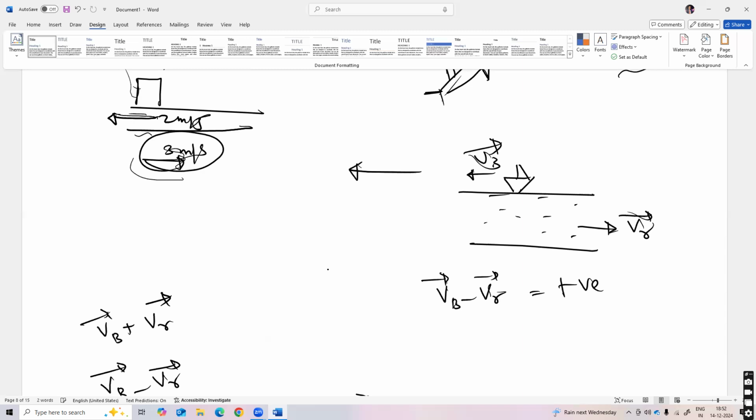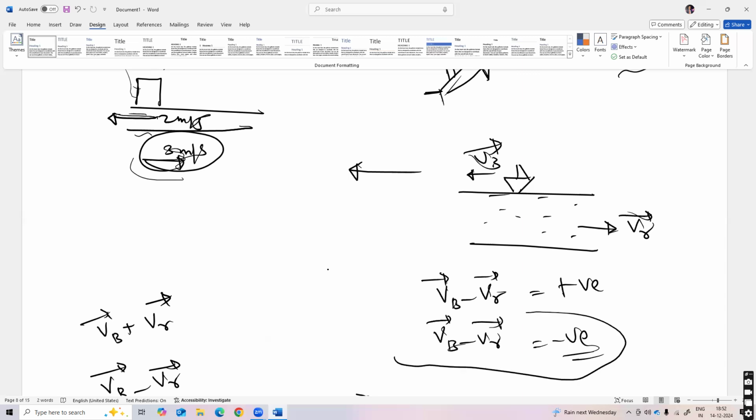But if VB minus VR is coming negative, that means the velocity of the boat is not enough to overcome the resistance of the river, and your boat will move in the downstream direction only. This is something you should notice and be able to identify.